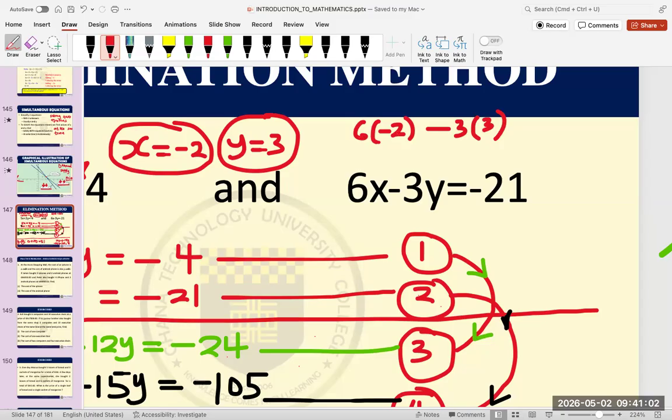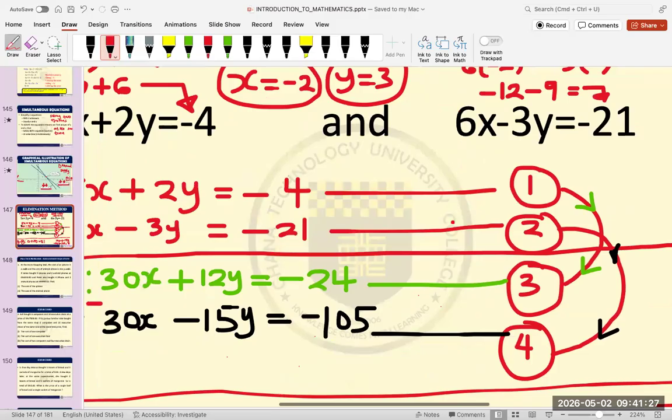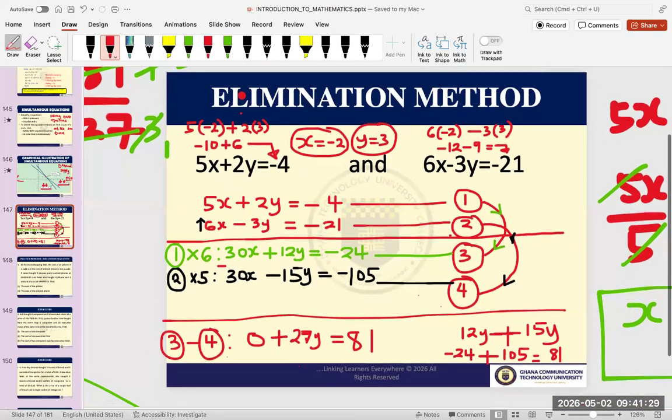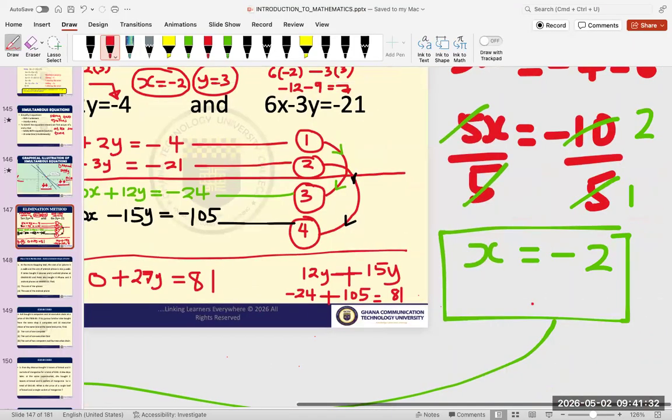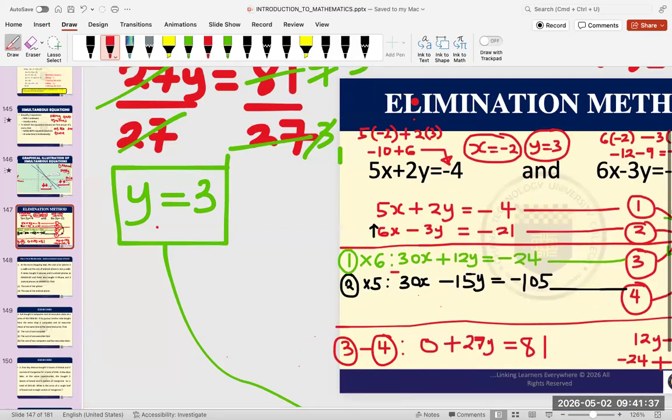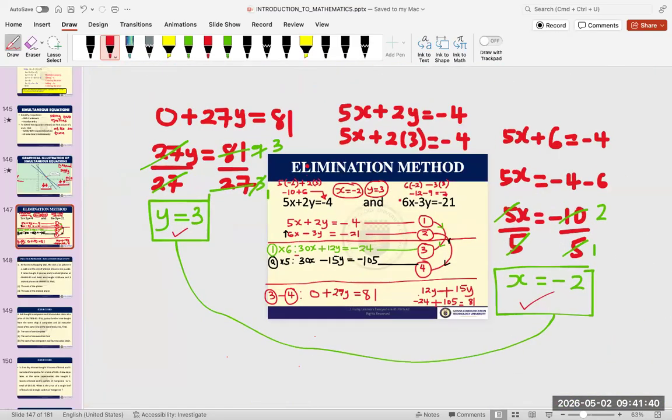So 6 multiplied by -2, we have -12. -3 times 3, we have -9. -12, -9 is -21. So this is also correct. Therefore, our answers to this simultaneous equation are that x is -2 and y is +3.